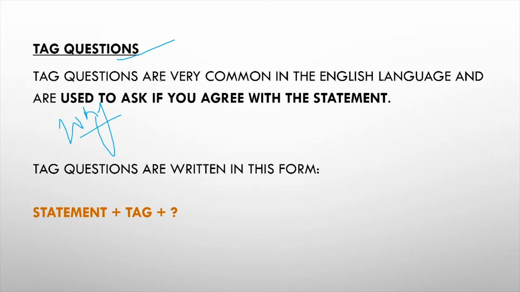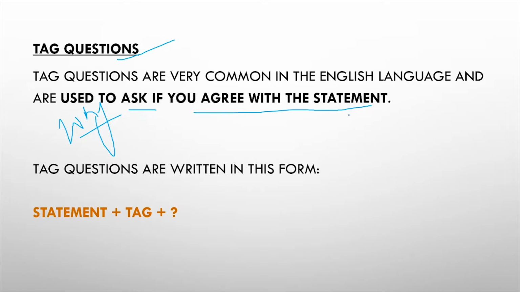Tag questions are very common in the English language and are used to ask if you agree with the statement. Now, I will tell you what this means. To ask if you agree with the statement. See, many a time this happens. For instance, if I say it is raining, okay, and immediately I ask, isn't it?